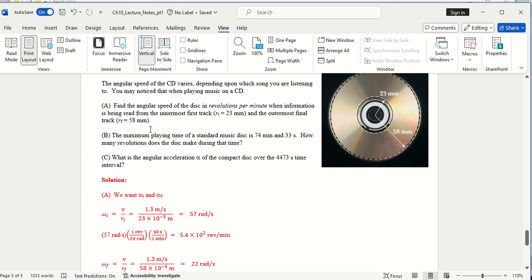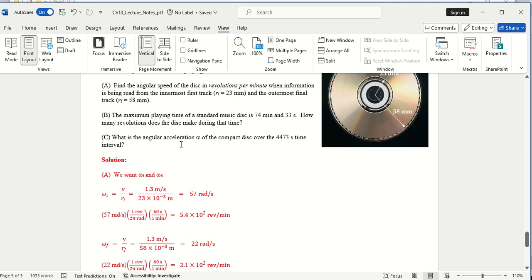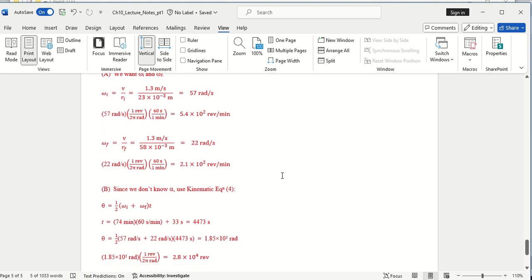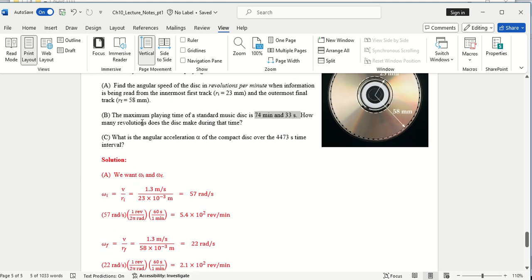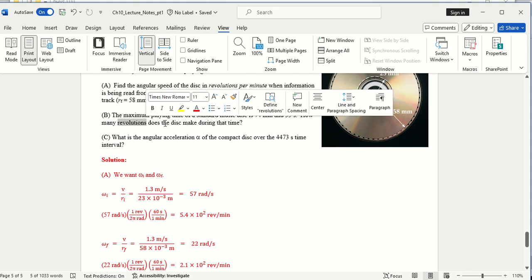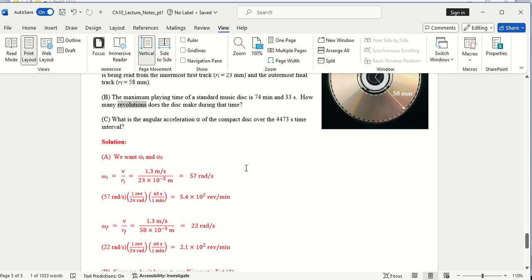Okay, now for part B, I want to know how many revolutions the disk makes during the entire time, if you play the entire disk for 74 minutes and 33 seconds. To get the revolutions, I first need to get theta in radians and then convert it from radians to revolutions.